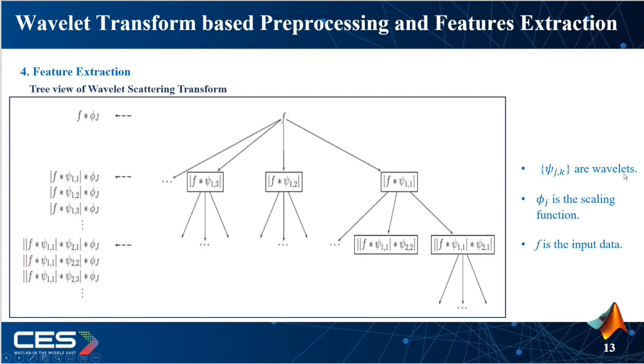These are the wavelets, and phi g is the scaling function. This is the averaging function, the low-pass filter. You can call it any of these names. And f is the input signal, which can be any of these time series or images. And there is again the 2D version of it.